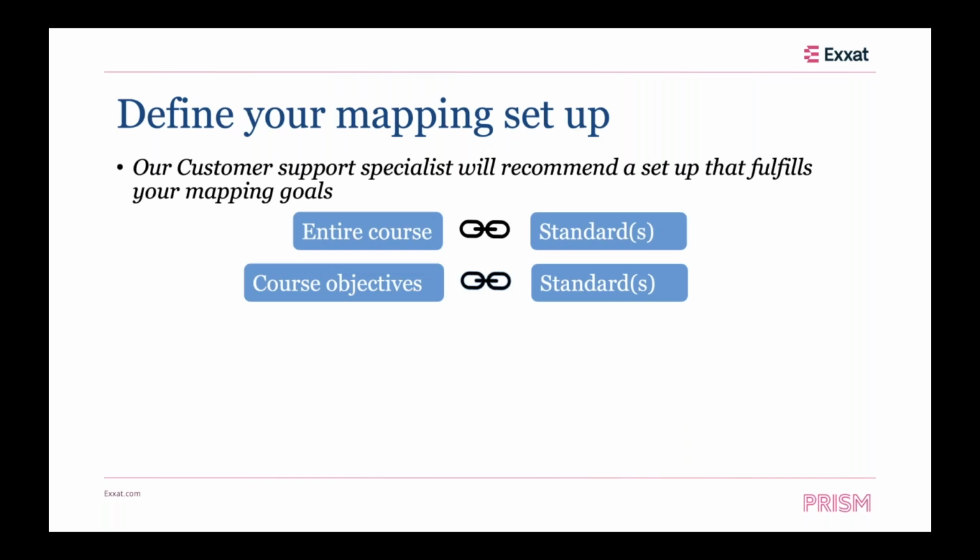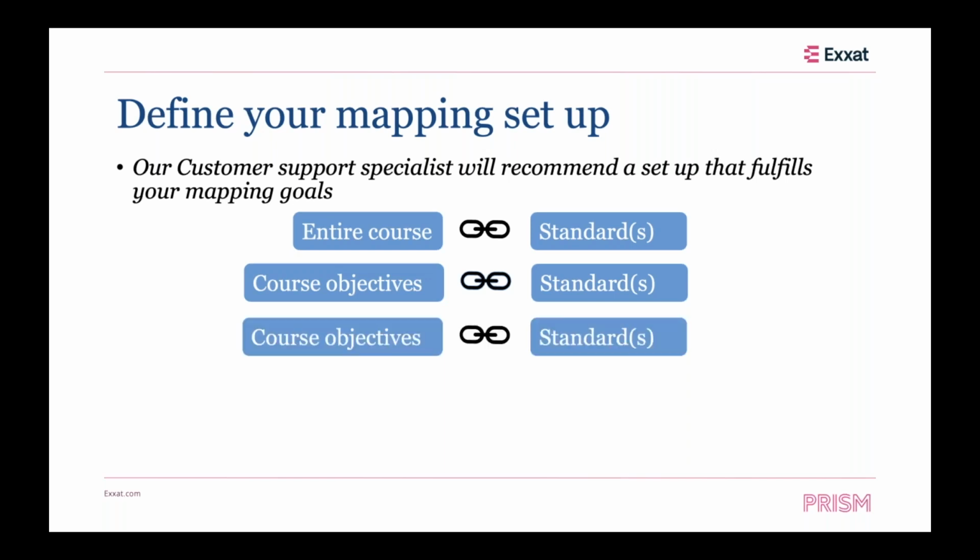Then there might be some programs that say, we want to do one more level of click down. We want to be able to tell our accreditation council or include a report that allows us to not only map a particular course objective to a standard, but even mention that we have 14 lectures in this course and how lecture number 1 is linked to a particular course objective, which in turn helps us meet a particular standard.